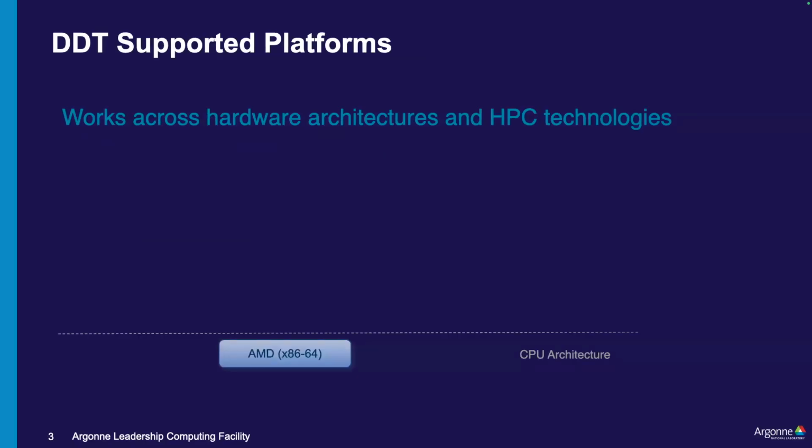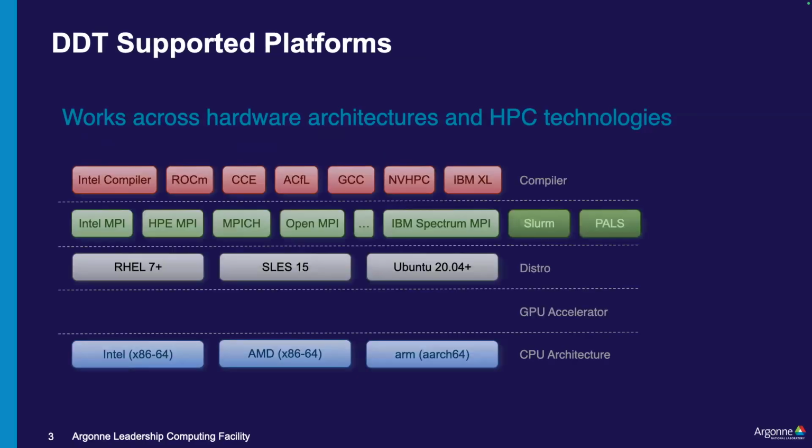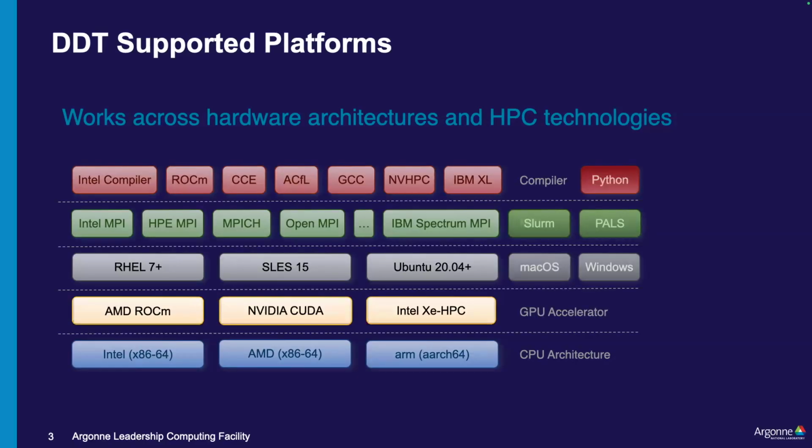Then looking at some of the supported platforms. This is for debugging; profiling is slightly different, which we'll talk about a little later. In terms of supported platforms, we support all the CPU architectures, so Intel, AMD, ARM, as well as all the GPU accelerators: AMD, CUDA, as well as the Intel Xe HPC.